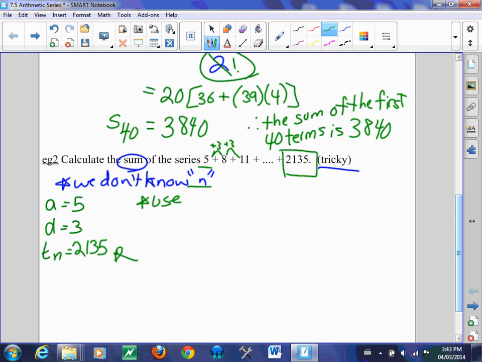So let's do that. We're going to use the arithmetic sequence formula to get n. Once we have n, then we can sub it into the above formulas.